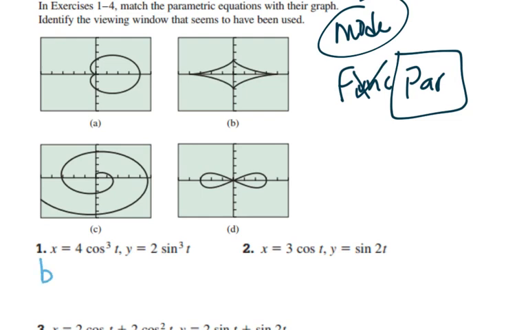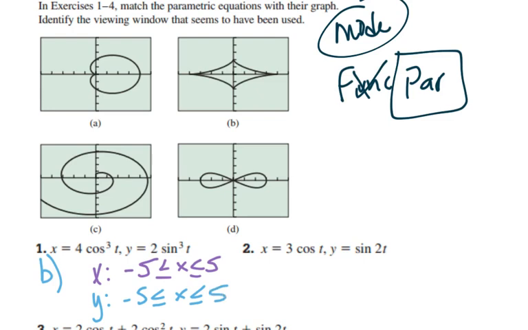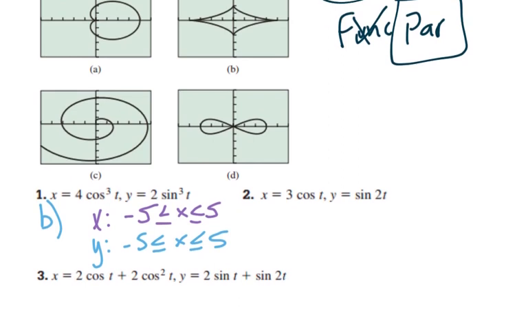So we're going to say that 1 is b, and that the window is, let's see, the x's are -5 to 5, and then the y's are -5 to 5 as well. They probably use point notation in the answer key, but there we are.